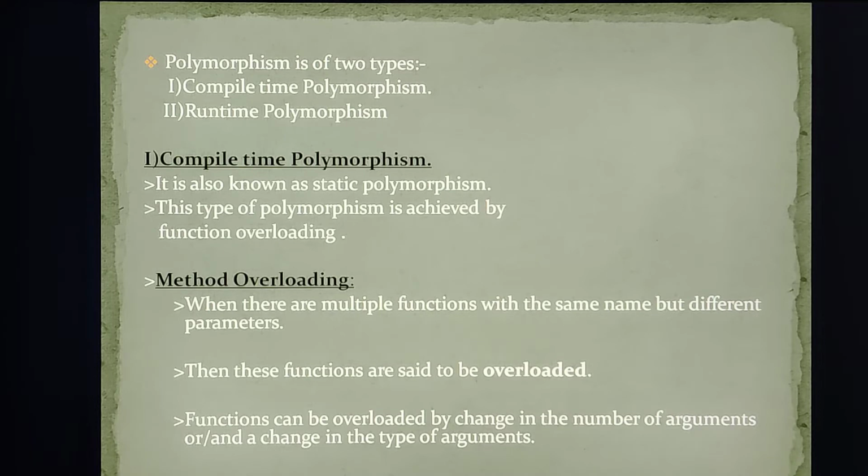Just imagine, suppose I have a class test and I created a method m1. Inside that method I wrote System.out.println("Hi, I am a test class"). In the main method I created the object, Test t = new Test(), and I called the method t.m1().